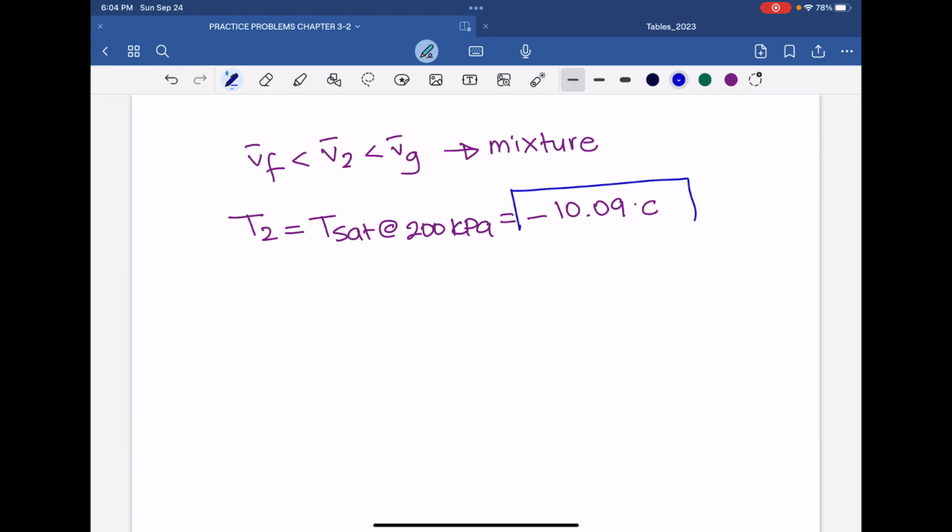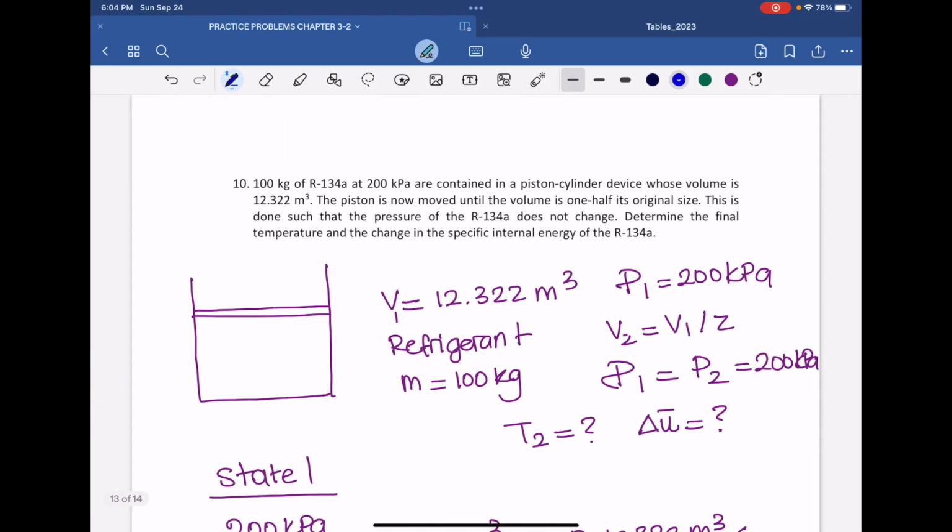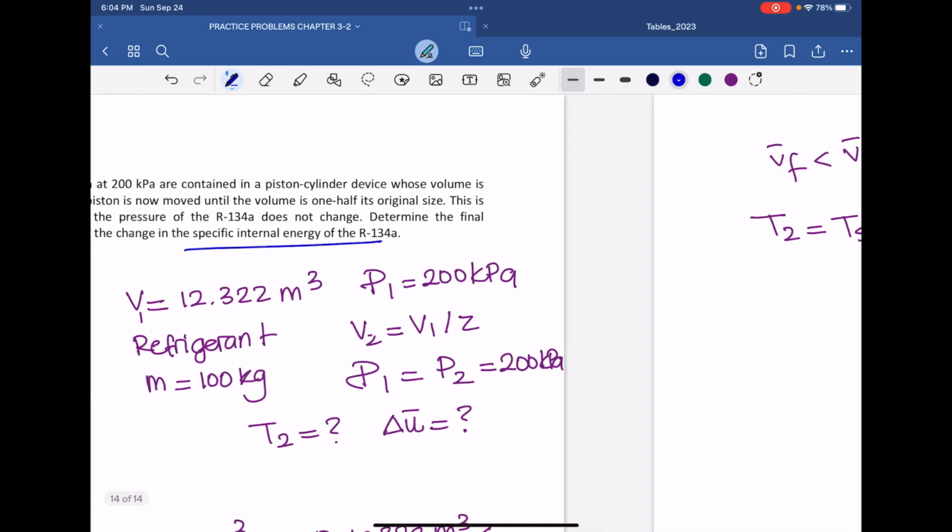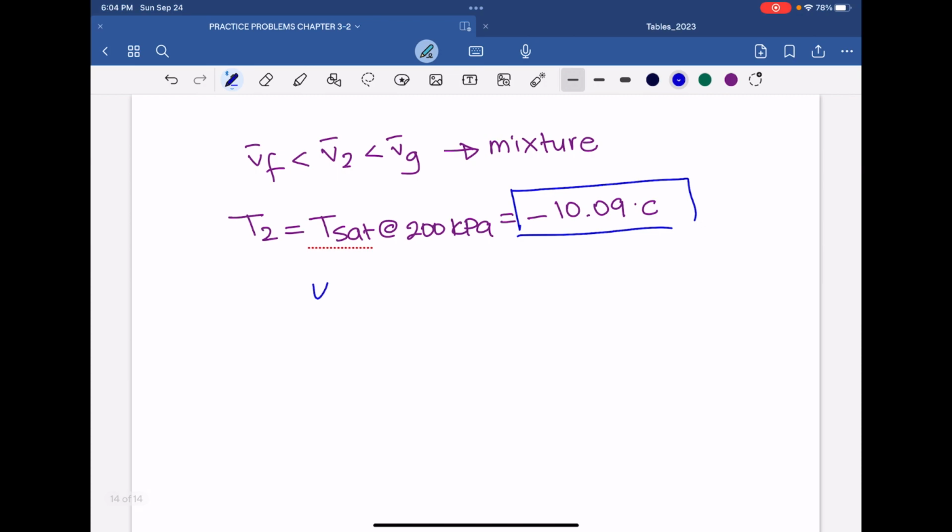All right, so they were asking for the temperature and then the internal energy change. So the next thing we need to do is find this, right?